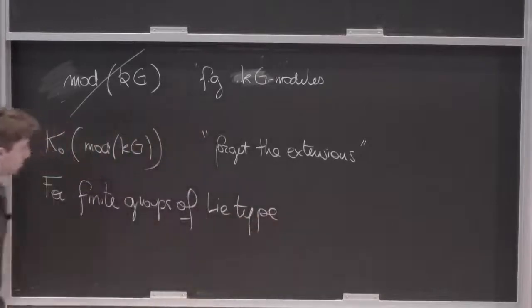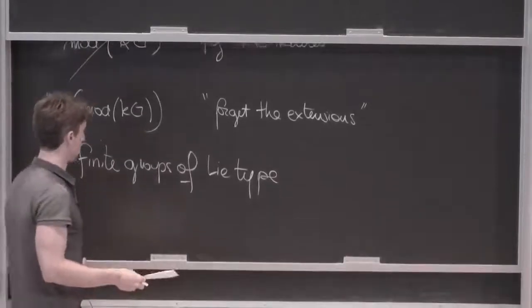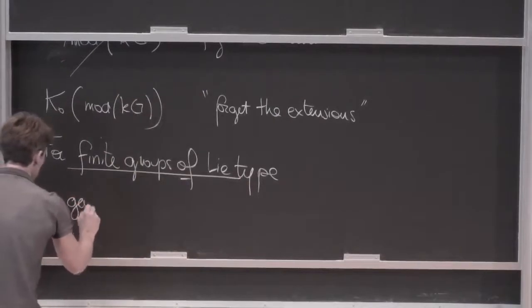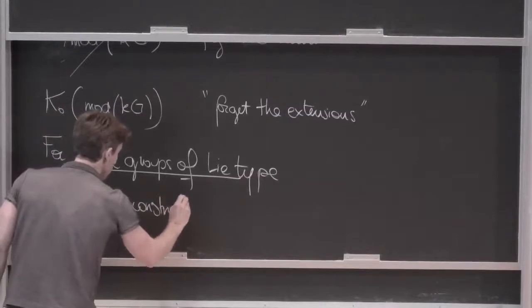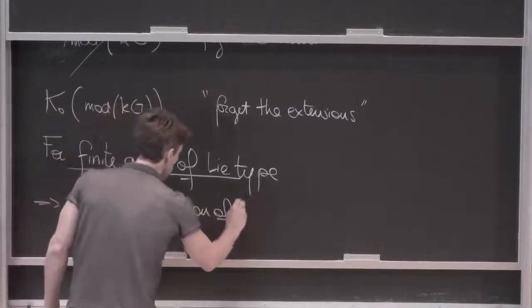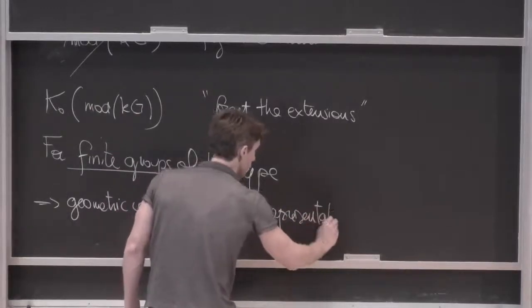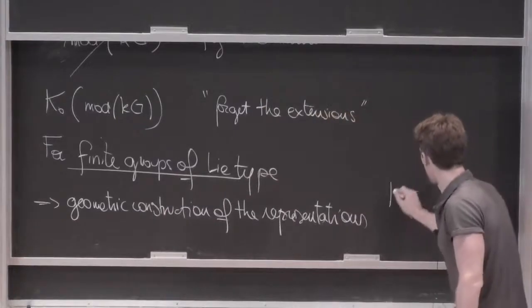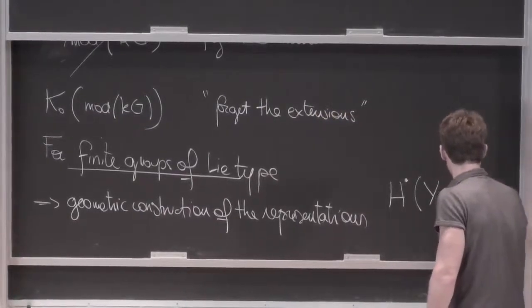And this was very important in Meinhardt's lecture this morning, is that there is a geometric construction of the representations, by means of some L-adic cohomology of a variety.